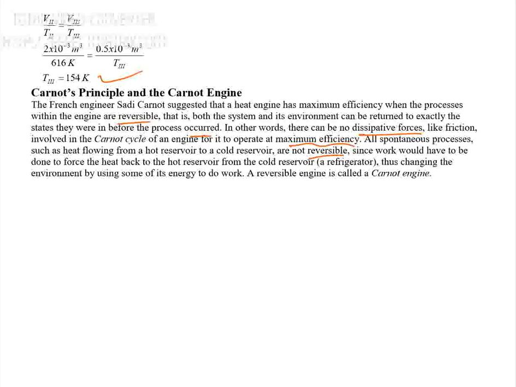work would have to be done to force the heat back to the hot reservoir from the cooler reservoir, just like a refrigerator. In a refrigerator, we have, this one is a refrigerator. At the bottom, we have a cylinder or a material which has a gas.